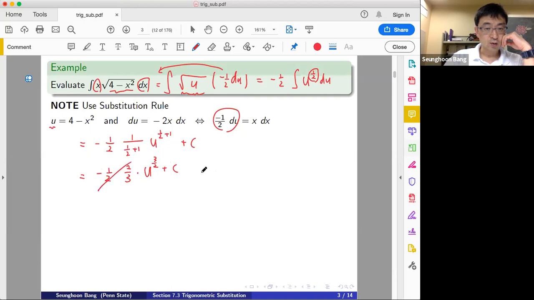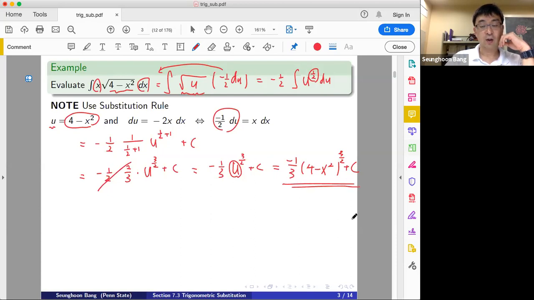The 2 is crossed out, the negative 1/3, u to the 3/2. The next is change back. U is 4 minus x squared. So the answer is negative 1/3 times 4 minus x squared to the 3/2 plus c. So this is the final answer for solving this problem.